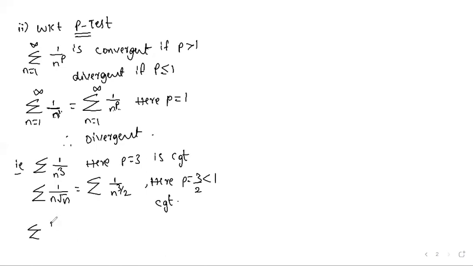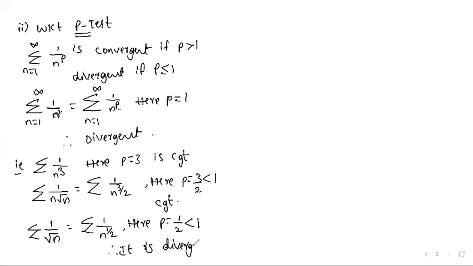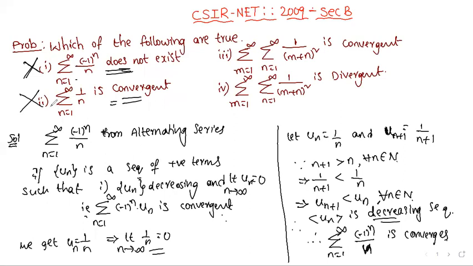And also 1 by root n can be written as 1 by n power 1 by 2. Here p is equal to 1 by 2, which is less than 1. Therefore it is divergent, but in the option it is stated as convergent, so the second option is also wrong.